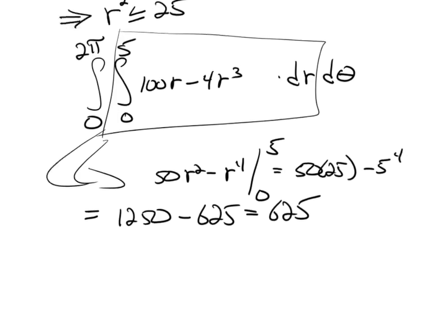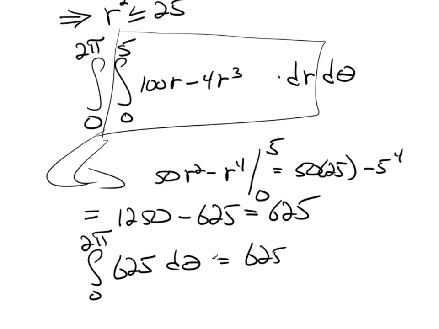Okay, so now I'm going to integrate from 0 to 2 pi the constant 625 d theta. And that is just going to be 625 theta from 0 to 2 pi, which is 625 times 2 pi, which brings me back to 1250 pi.